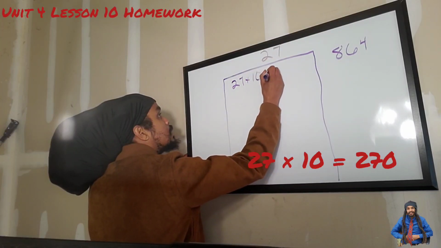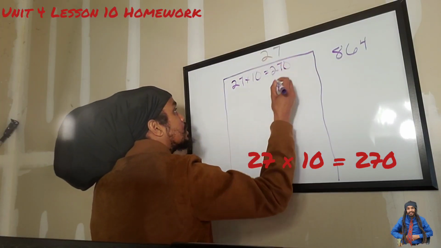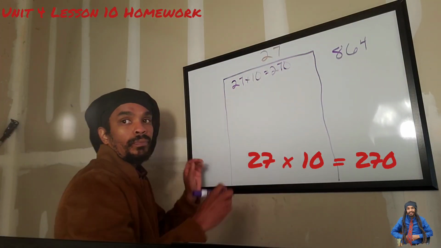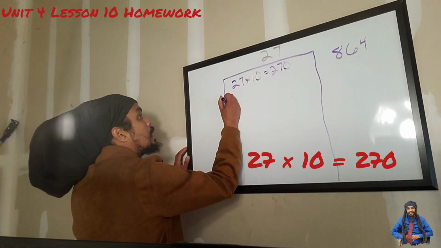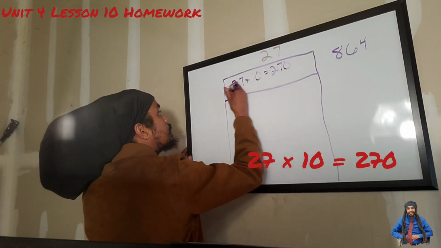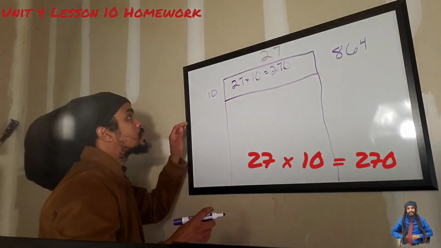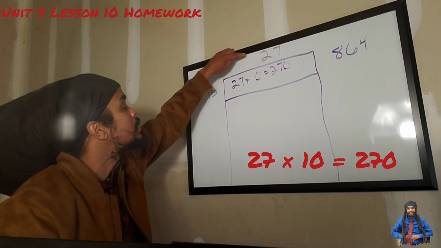27 times 10 equals 270. So we'll put our 10 over here, because it's essentially like we just took 10 times 27.